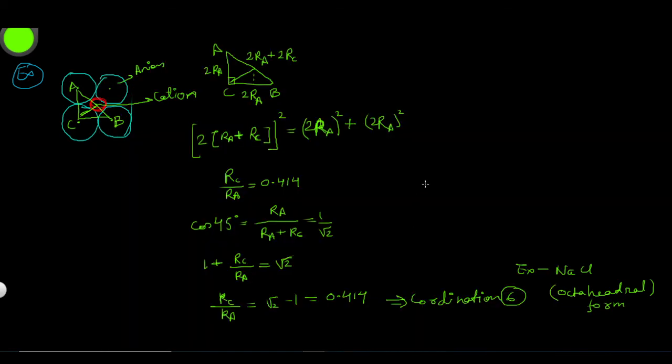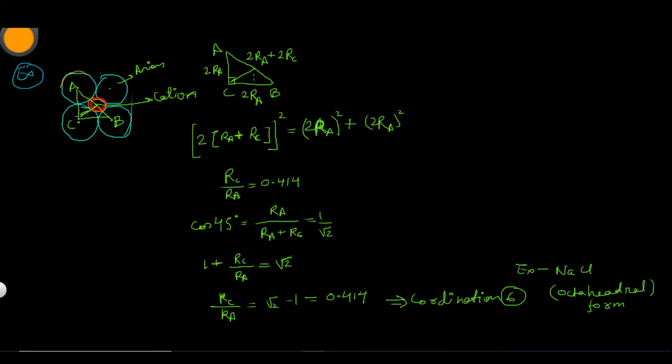Welcome back. Now we will discuss a problem based on ceramics. Suppose this type of compound is present. These bigger atoms are anions, and in the center one cation atom is present.